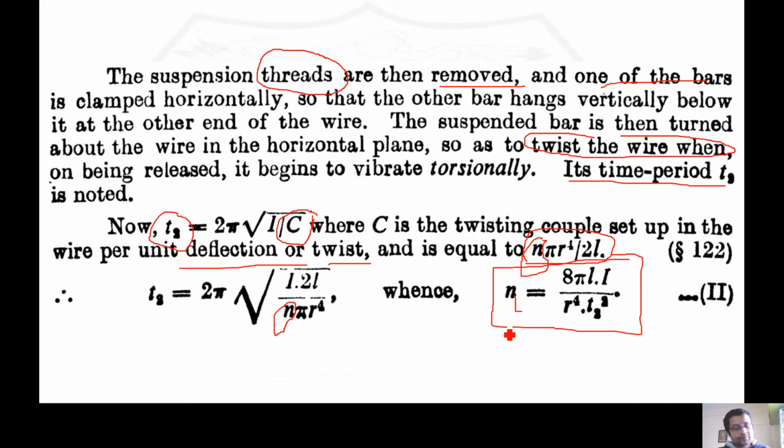Then you have a formula for eta. Here the couple introduces the term eta, so that is the reason T2 contains the term eta.